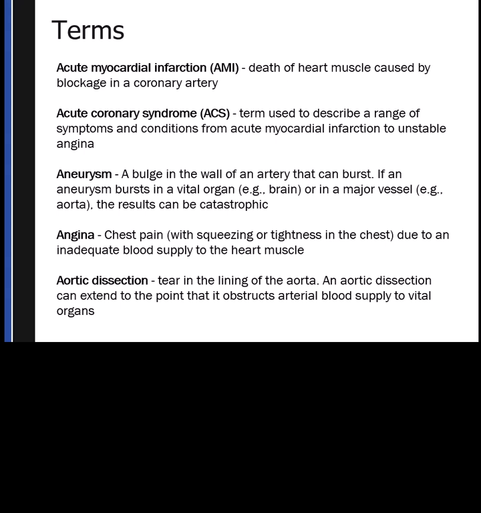A lot of people live with aneurysms and have perfectly normal lives. It just simply means that we've got this bulging of the artery here. Many times an aneurysm is stable and they'll watch it. Other times it becomes unstable and they go in and repair it surgically. Any other questions on these words?